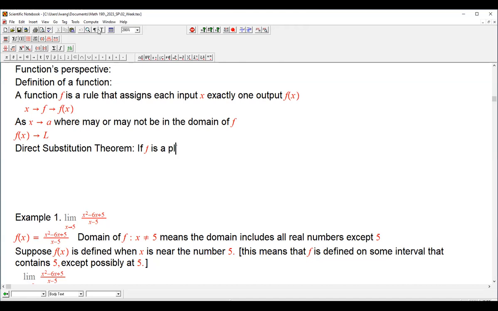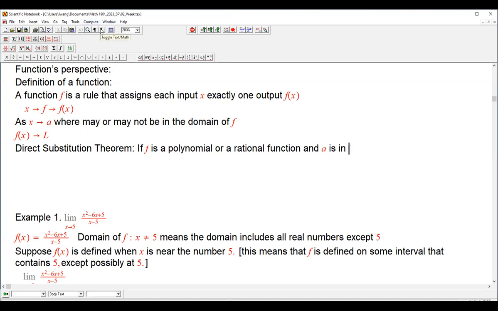If f is a polynomial or a rational function, and there are two conditions, A is in the domain of the function.